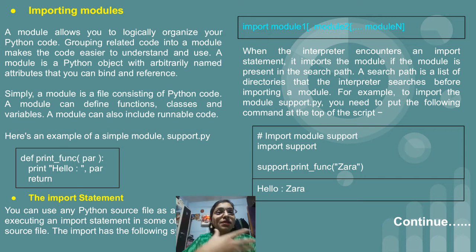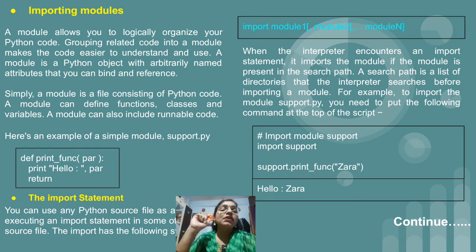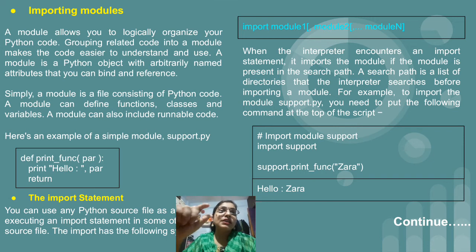We have created support, and in that module we have print_func. To access the function present inside the module, we write the name of the module dot name of the function, and then pass the parameters whatever you want. Just remember that the number of parameters needed should match what you have defined in the module.